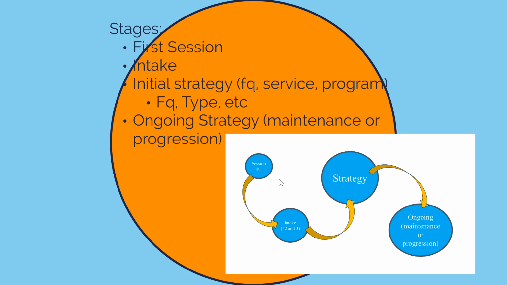And then after that strategy is covered, and that might be a month or 2 months or 3 months, then we're going to go into the next strategy. And that next strategy is going to be whether we're going into maintenance of the progress that you've attained, or whether this is going on to further progression into some new area that we're trying to get to.